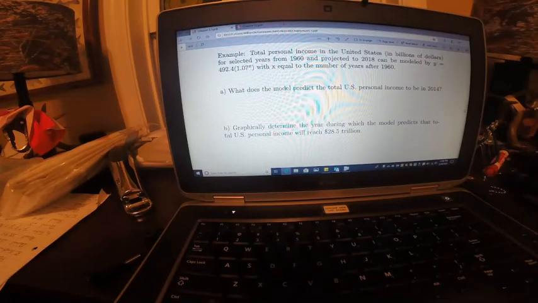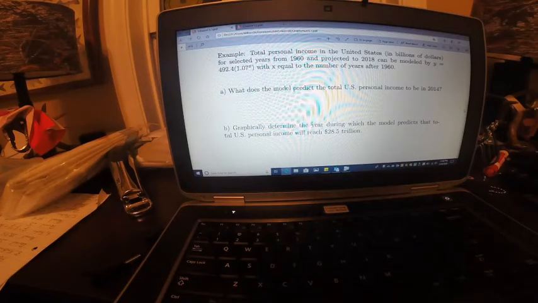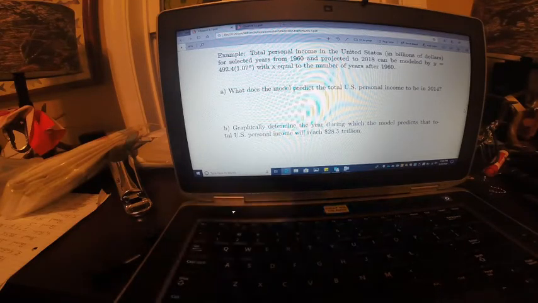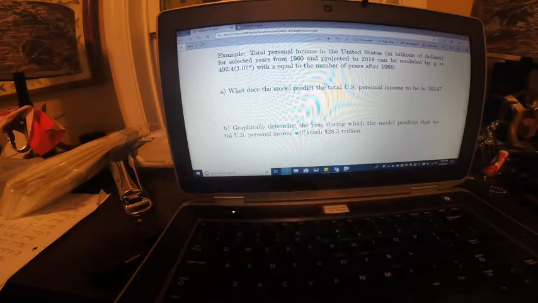Okay, so the next example says total personal income in the United States in billions of dollars for selected years from 1960 and projected to 2018 can be modeled by y equals 492.4 times 1.07 to the x, with x equal to the number of years after 1960. What does the model predict the total U.S. personal income to be in 2014? We can do this one completely with the calculator.